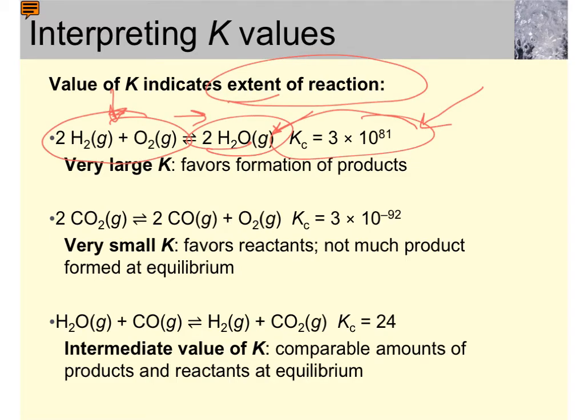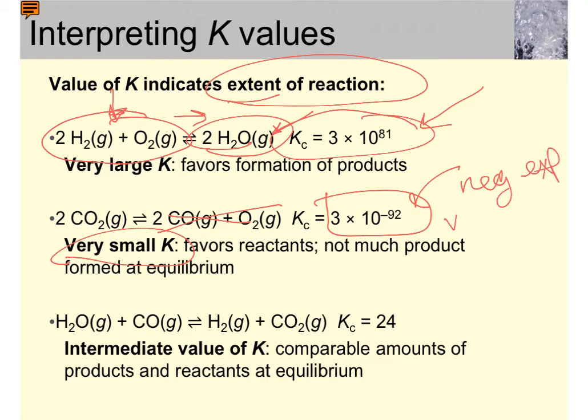Similarly, if you have a very small K, that means you don't have very many products at all. So remember, in scientific notation, if you have a negative exponent, what does that mean? That means the number is very small. And that means not very much product. Not much product, all right?